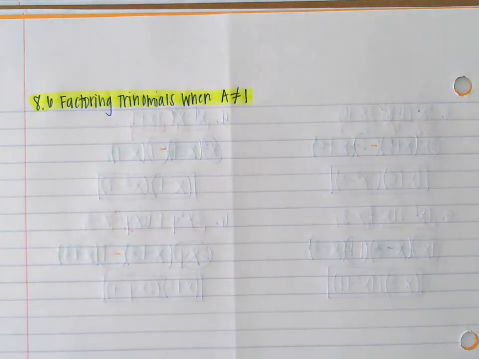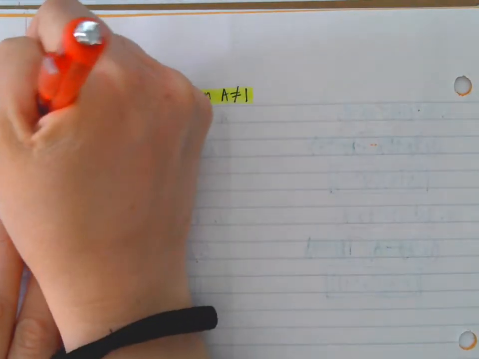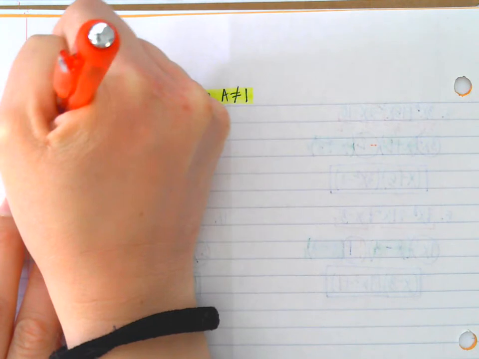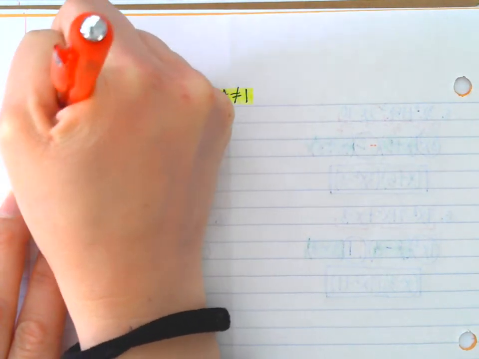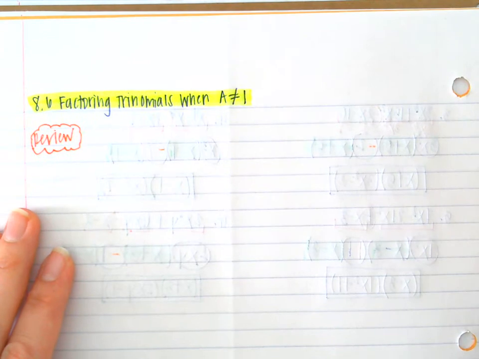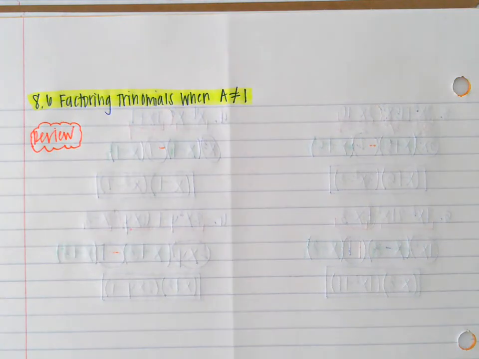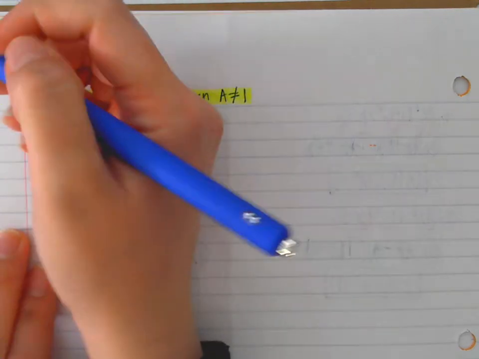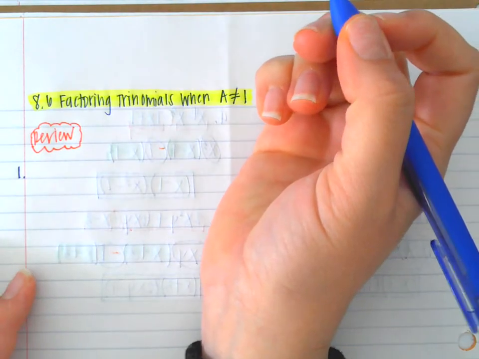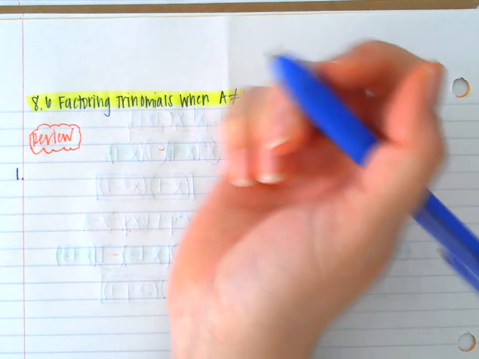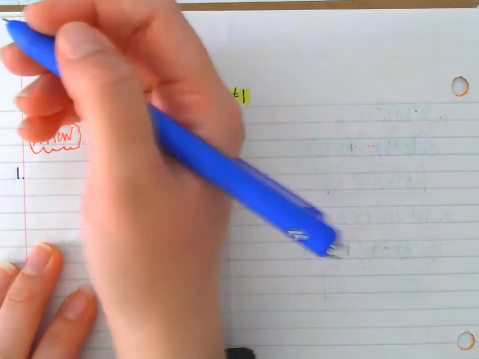So the first thing that I would like you guys to do, like I said, we're going to start here with a review. I want you guys to multiply out these four binomials. So, review of what we've done.